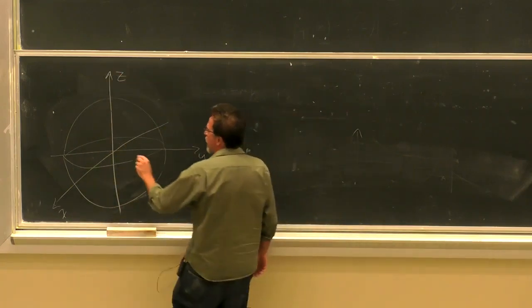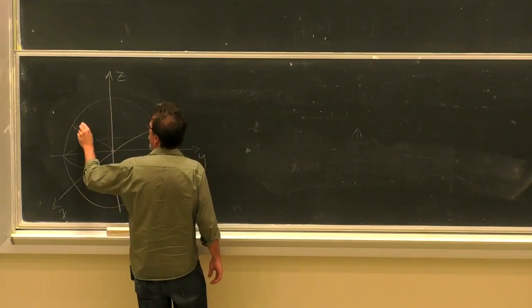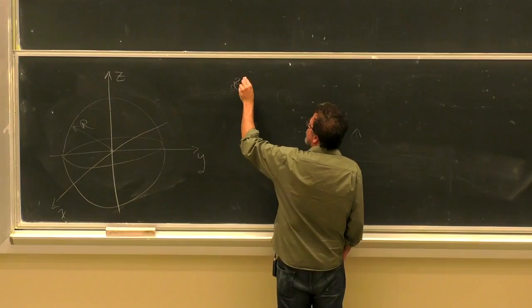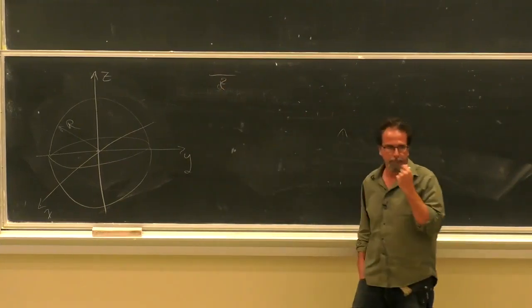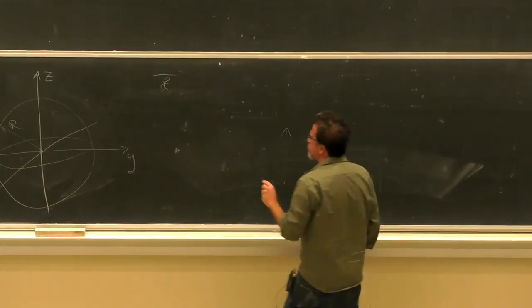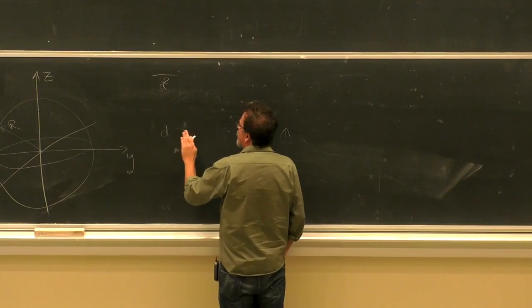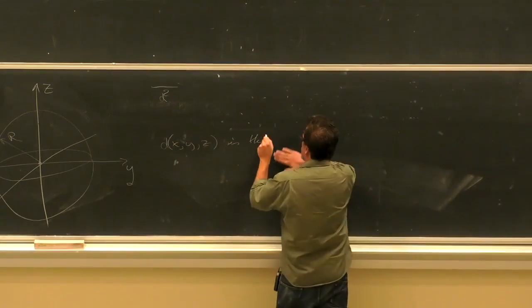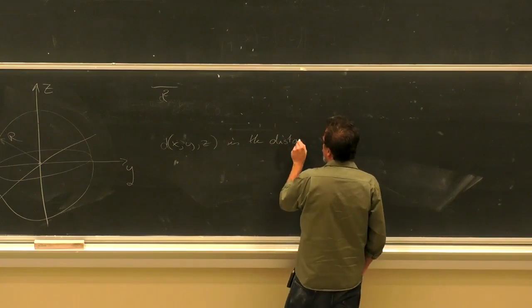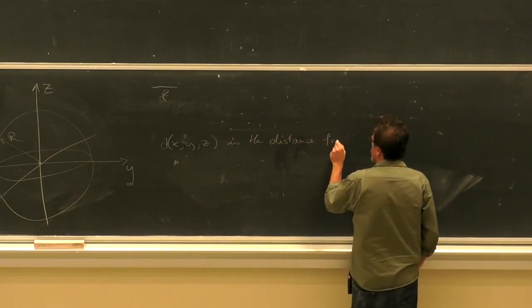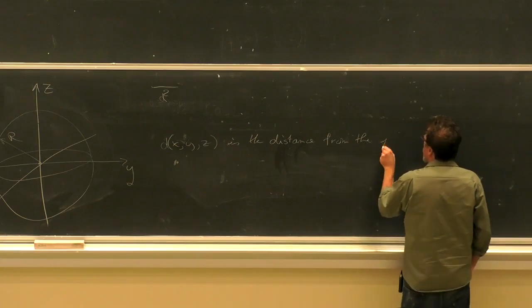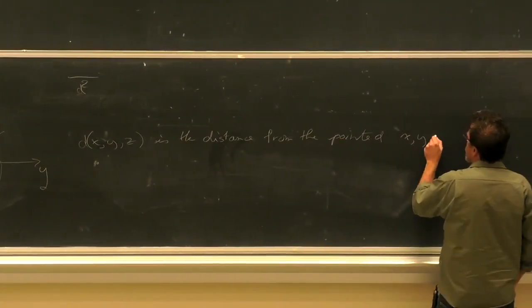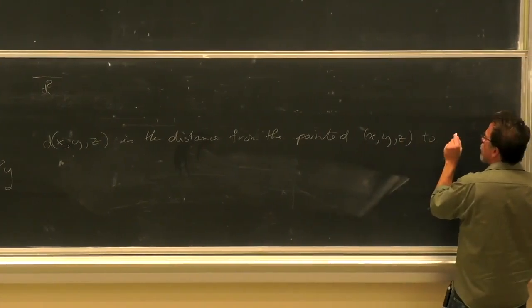And we will imagine this is a sphere of radius r, and I wish to consider the average of the function d squared, where d of x, y, and z is the distance from the point located at xyz to the origin.